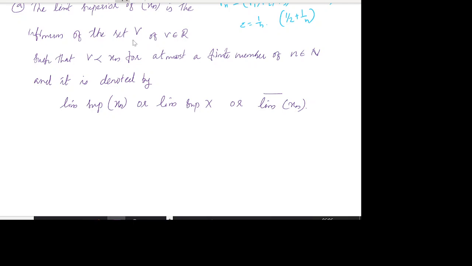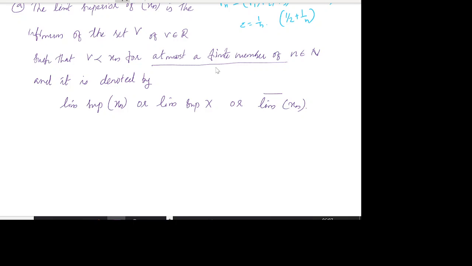V consists of numbers less than xn for at most a finite number of n. The specialty about V is that a sequence is given, you take the terms of the sequence.